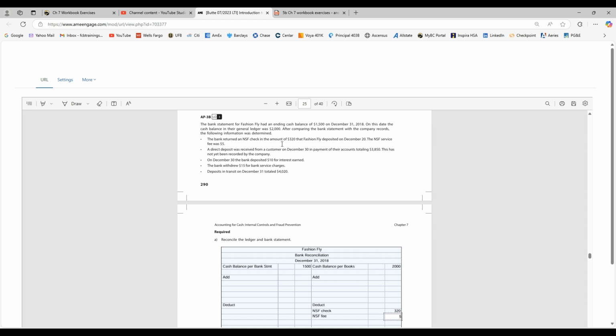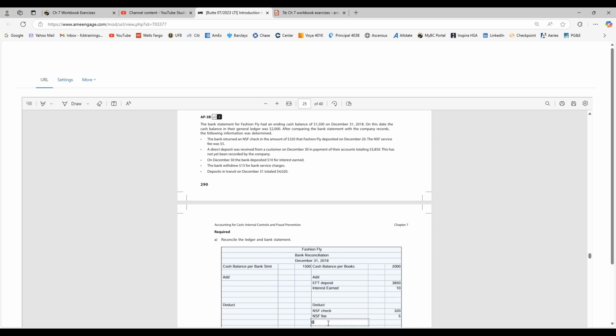Okay, a direct deposit was received from a customer in payment of their accounts totaling $38.50, and we did not record that yet by the company. So we'll put an EFT deposit amount here, $38.50. The bank deposited $10 for interest earned, so we've got interest earned, $10.